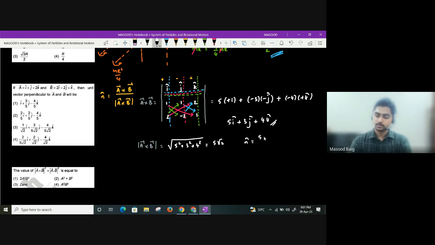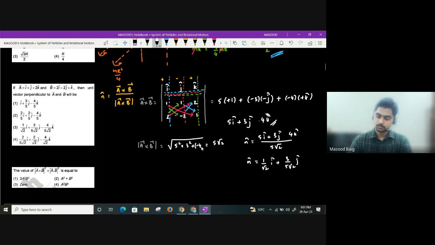You will get it as 5 i cap plus 3 j cap plus 4 k cap divided by 5 root 2, which will be 1 by root 2 i cap, 3 by 5 root 2 j cap. So this is minus, okay. Minus 4 by 5 root 2 k cap.